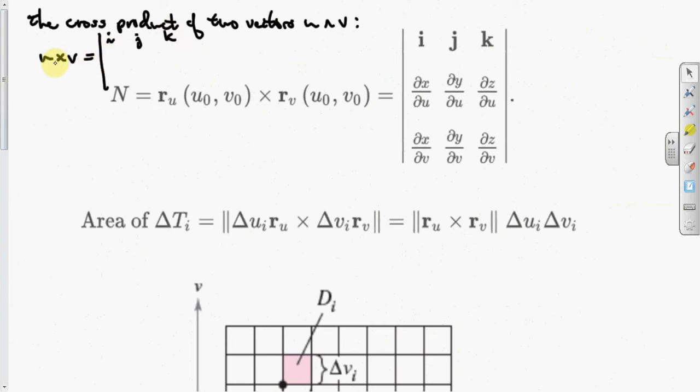Then it becomes the coordinates for u: u sub 1, u sub 2, u sub 3. Then the coordinates for v: v sub 1, v sub 2, v sub 3. That cross product is the same. You know how we calculated the curl? That's the same fashion. So we set that up, minus j.